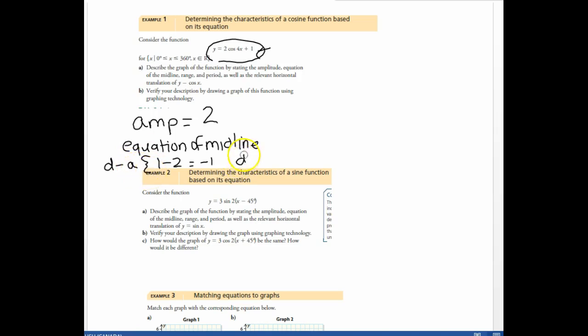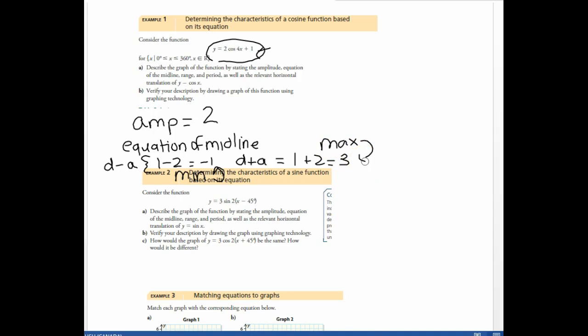This is d plus a, and you get 1 plus 2 equals 3. So that's our minimum, the lowest it goes is minus 1, and this is the max. So our picture goes up to 3 and down to minus 1.